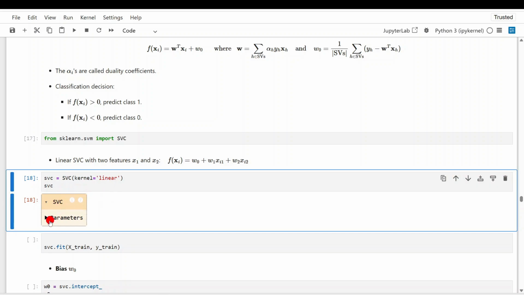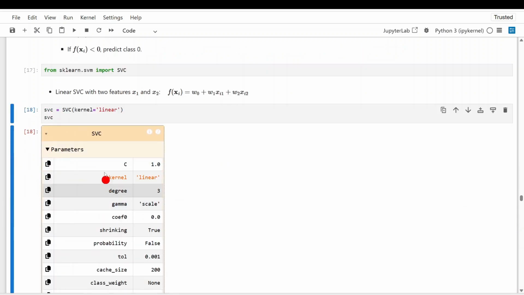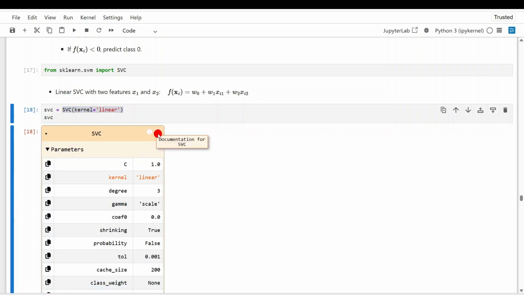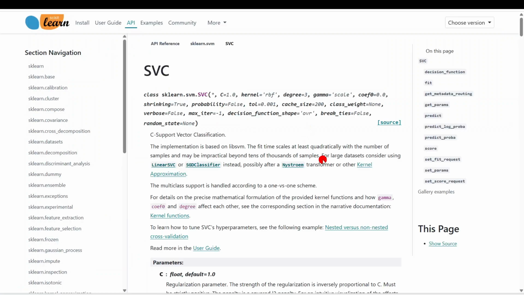If I run this, as usual, it is not fitted. We have just instantiated our linear support vector classifier. The regularization parameter C is by default 1. The kernel type is linear. That means the model is something like this. Degree and gamma are other parameters.